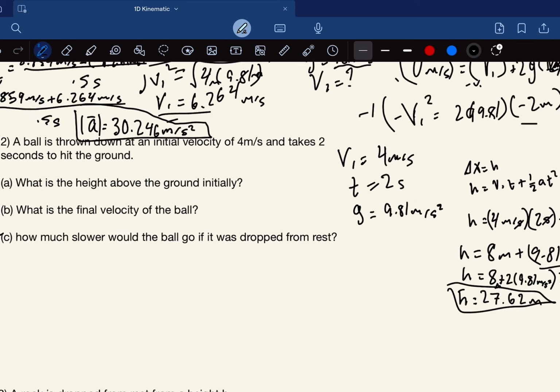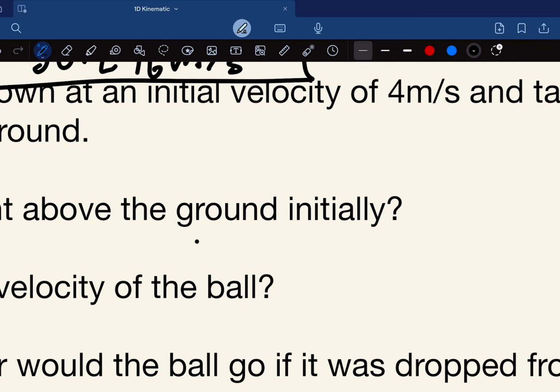So for part A, we have the answer of h equals 27.62 meters.